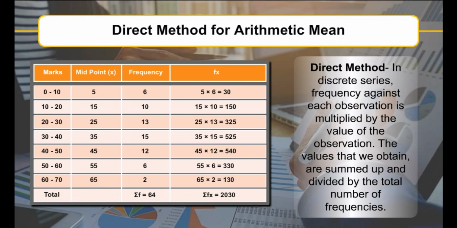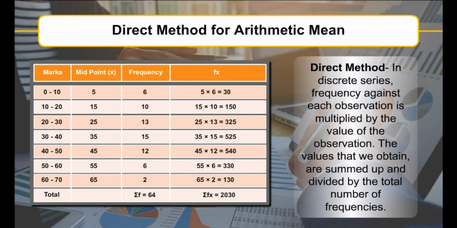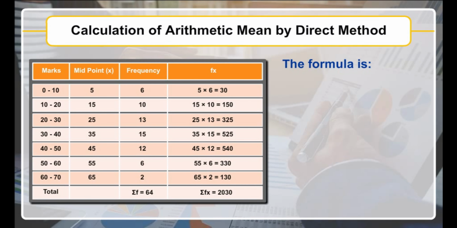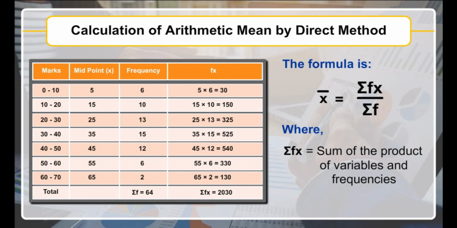The values that we obtain are summed up and divided by the total number of frequencies. The formula is x bar equals summation fx upon summation f, where summation fx is the sum of the product of variables and frequencies, and summation f is the sum of frequencies.